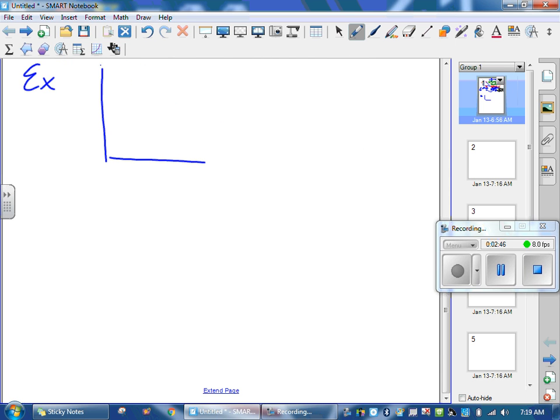for a right triangle with sides 6 and 8, I need to find x, the longest side, the hypotenuse. So in this case, it's the longest side that I'm solving for. So I'm going to take these two shorter sides and add their squares.